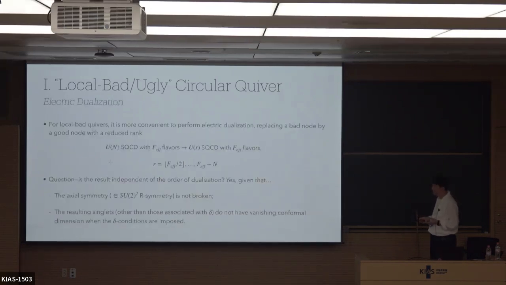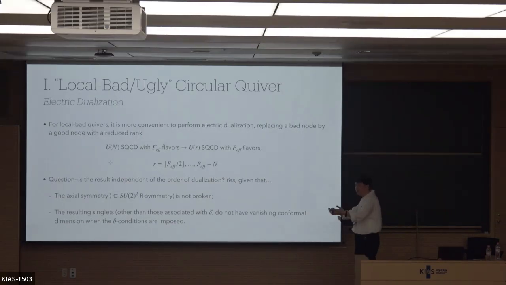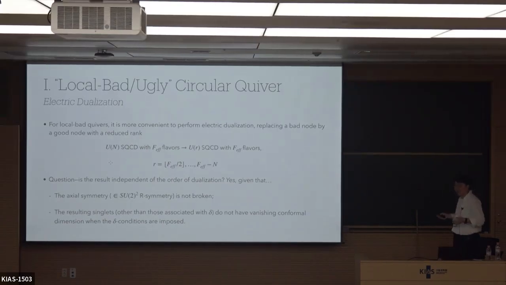And you might wonder whether the result is independent of the order of dualization. We expect so, because otherwise it doesn't quite fit with our physical intuition, right? We don't have a general proof, but we checked using a computer millions of examples, and this is the case. It is independent of the order of dualization.